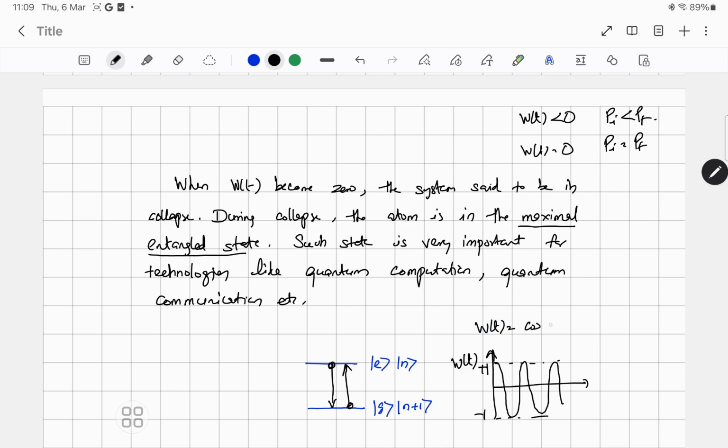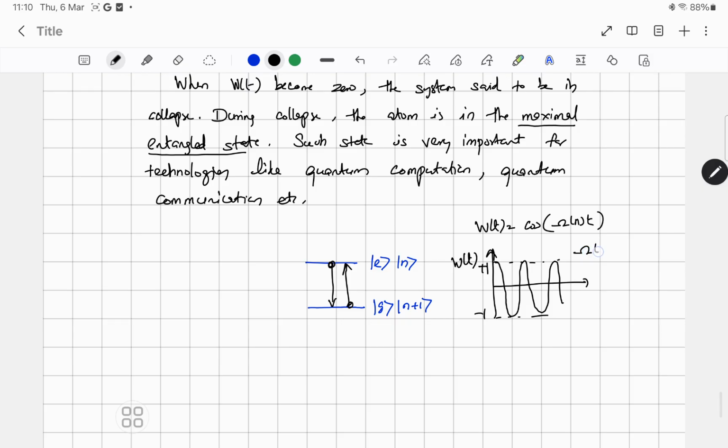And if you look at this, the exponent is cos of omega n of t, where omega n is 2 lambda times root of n plus 1.